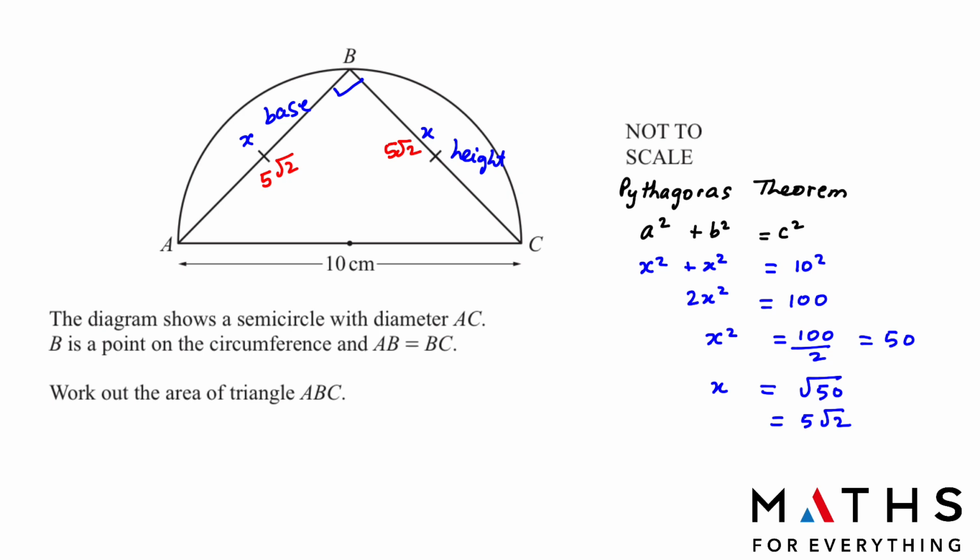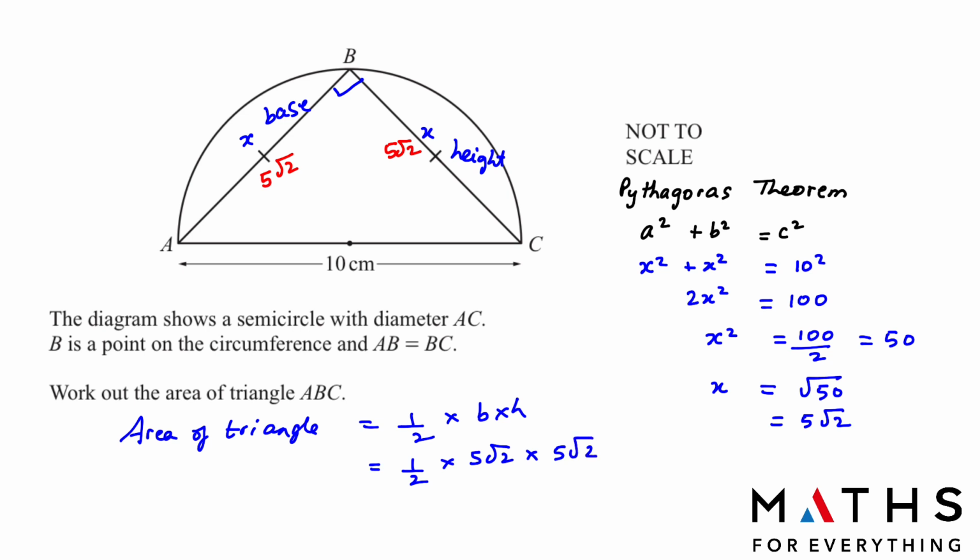Now, how do we find the area of a triangle? It is equal to half times base times height. Replace your base with 5 square root 2 and your height also with 5 square root 2. This will give us 25. So this is our answer for the area of triangle ABC, square centimeters.